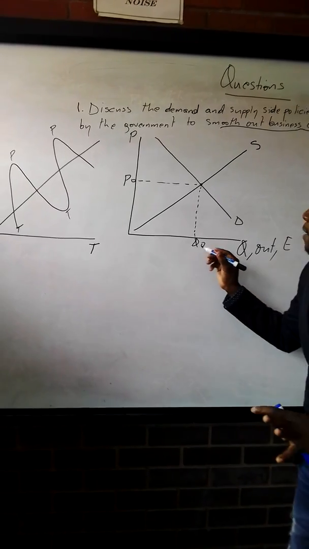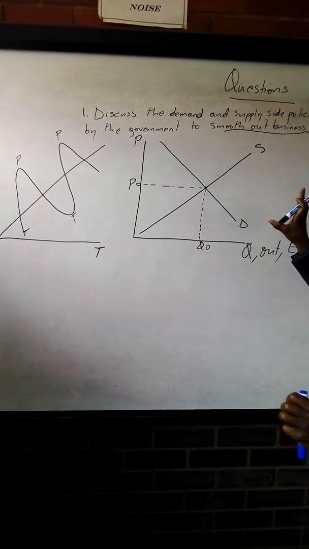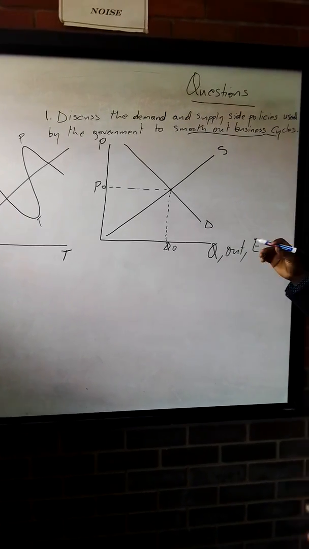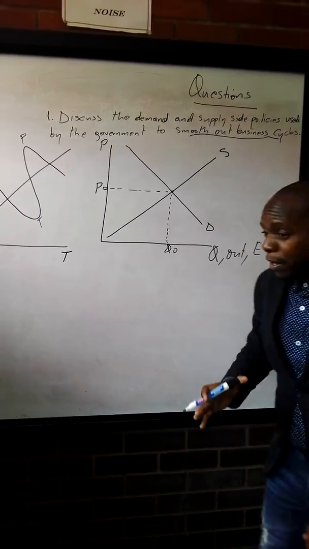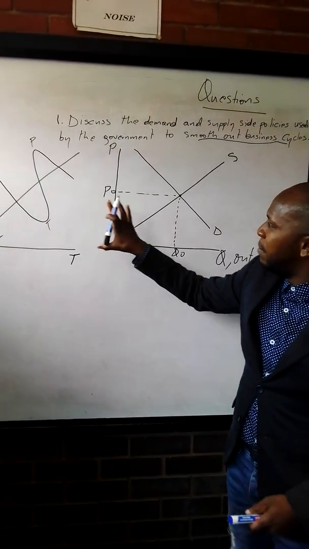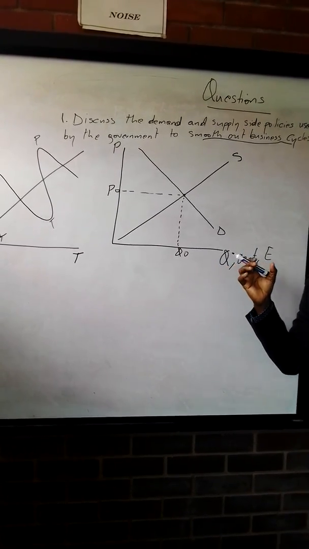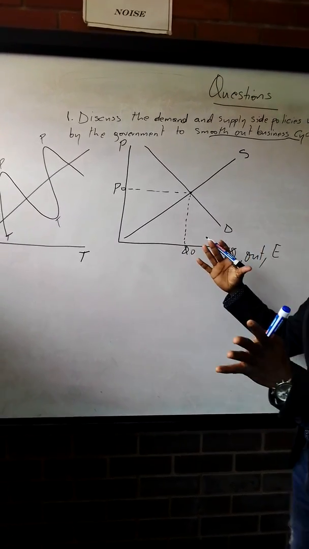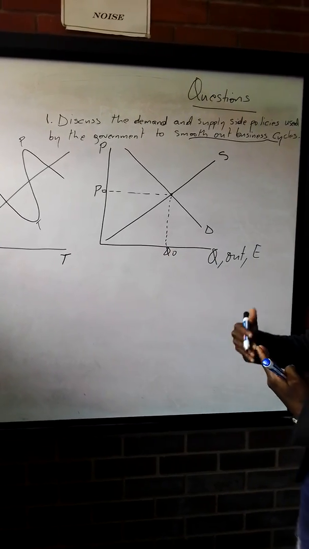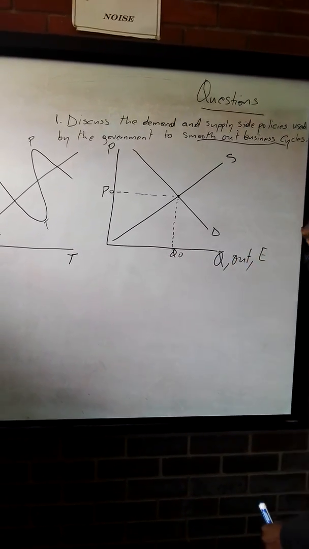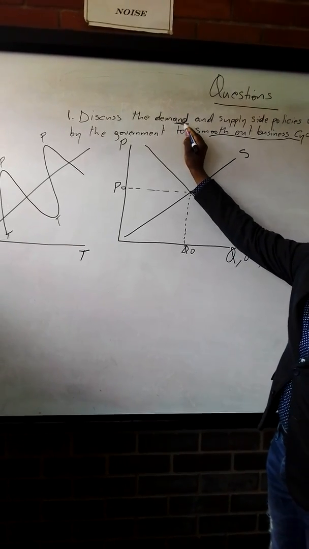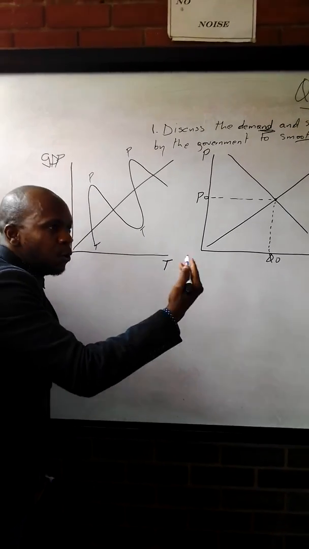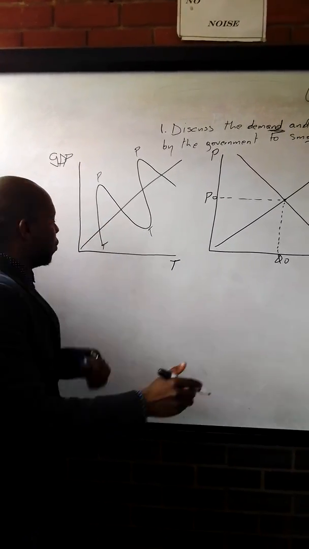And you assume that, as the question says, that the economy has to be smoothened out by the government, maybe by the use of demand and supply side policies. So these images are going to help you to understand how the smoothing out of the business cycle will shift the demand or move the economic activity. So firstly, you focus on the demand side policies. What are the demand side policies that can be used to grow the economy? You firstly go straight to your AD.